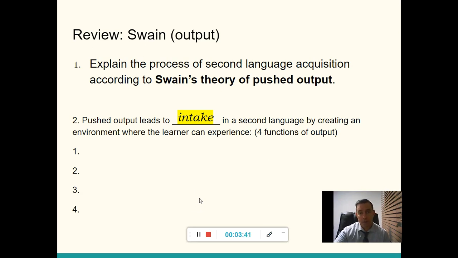So if you said understanding, if you said development, if you said something like that, it would be acceptable, but intake is the word that Swain uses a lot.